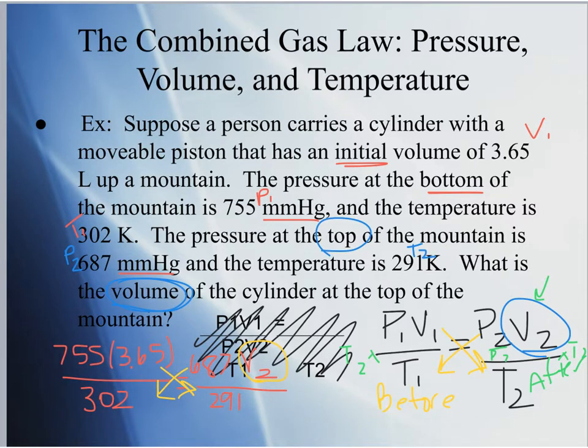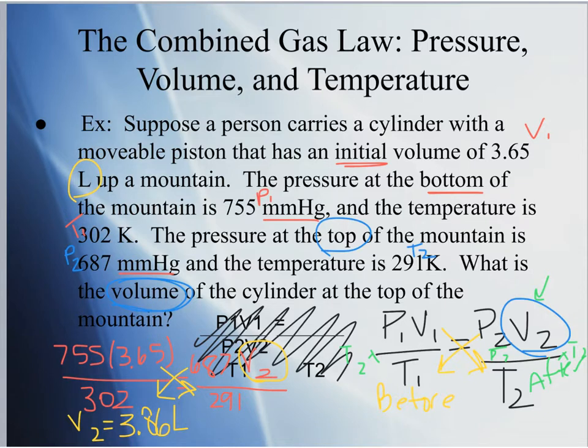We are going to get an answer of 3.86. Okay, so V2 is going to equal 3.86, and we do need to make sure that we use our units, and for volume, it is liters. We can see up here in the question that liters is our unit for volume.